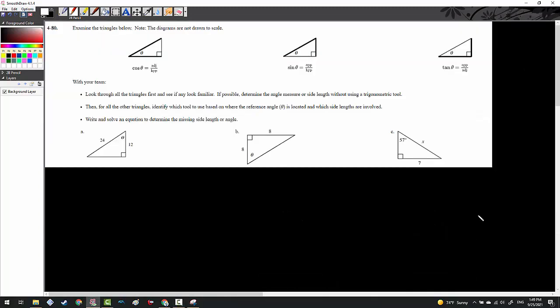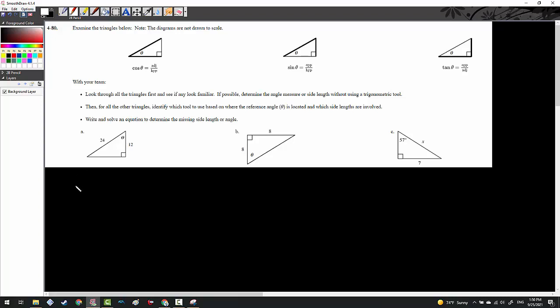And in 4-80, we are going to look at every single one of these triangles, and we're going to figure out what the angle is that created that side ratio by using our inverse trig ratios here. So if I do this angle, I've got an adjacent side and a hypotenuse.